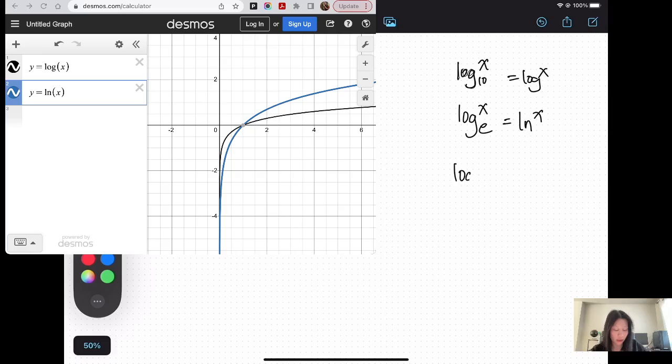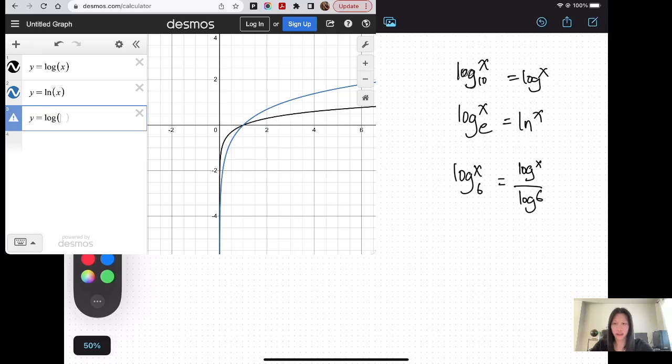What if I want to see the graph of log base 6 of x? Remember the change of base property. We need to use either the common log or natural log to do the change of base. So I'm going to put y equals log x divided by log of 6. You will see it on the green line.